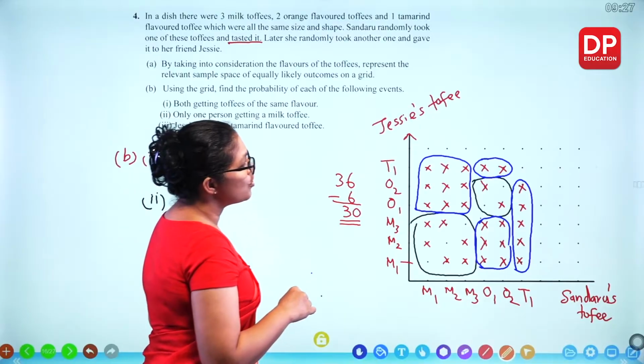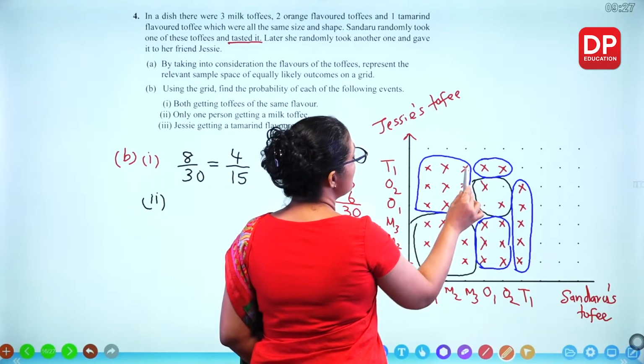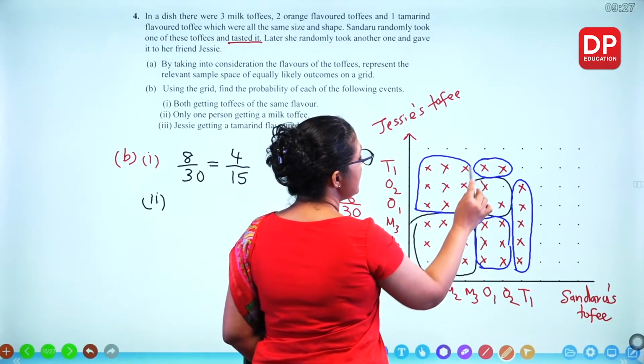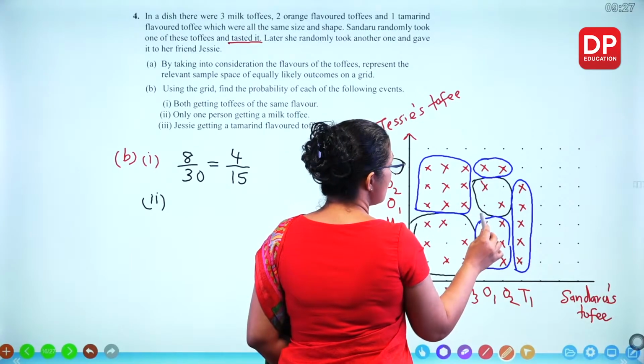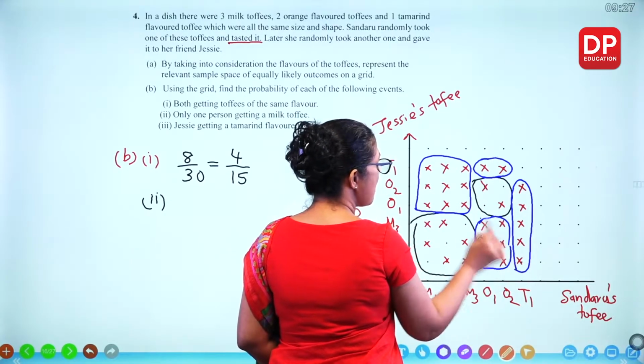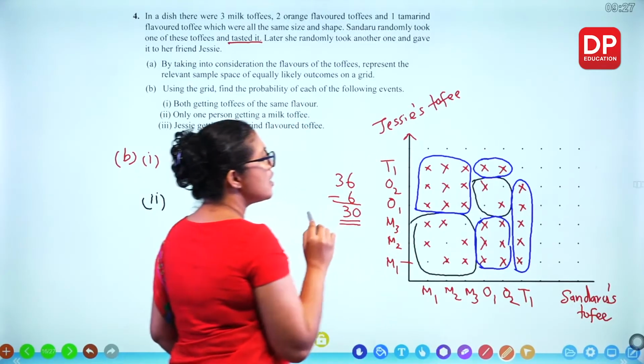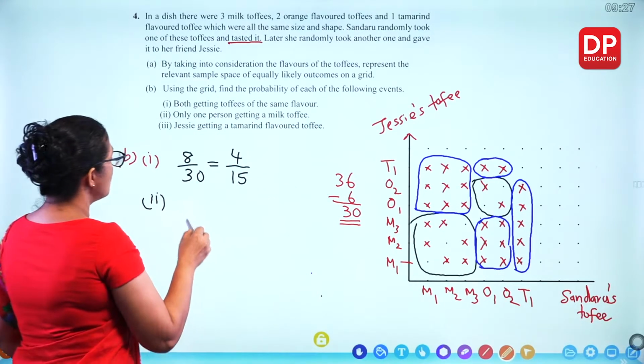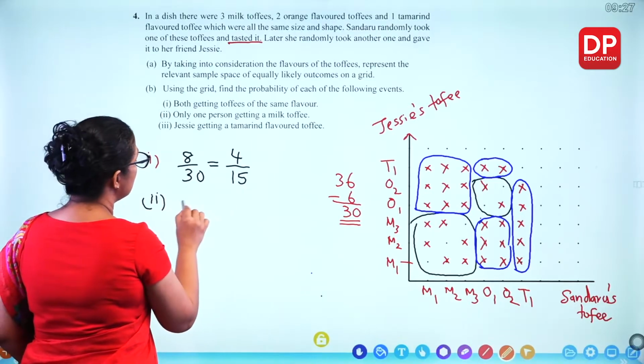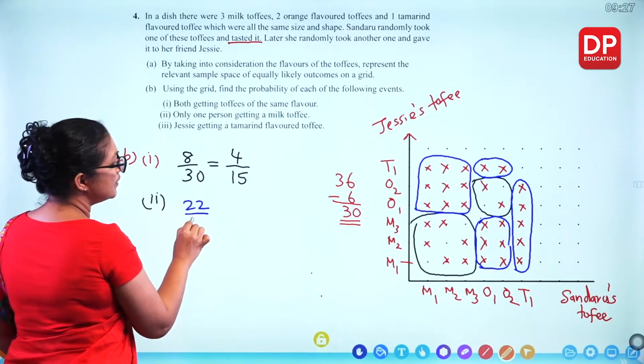So how many altogether? 1, 2, 3, 4, 5, 6, 7, 8, 9, 10, 11, 12, 13, 14, 15, 16, 17, 18, 19, 20, 21, 22. So 22, we'll check again.